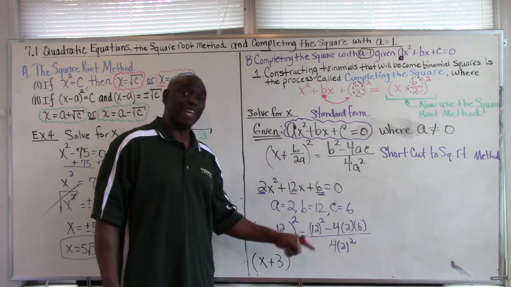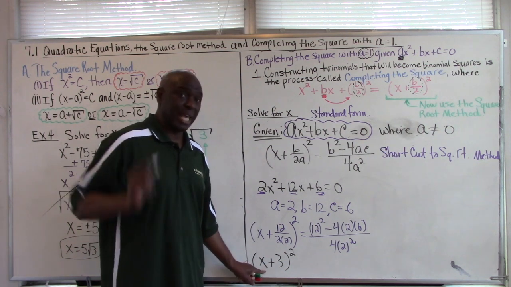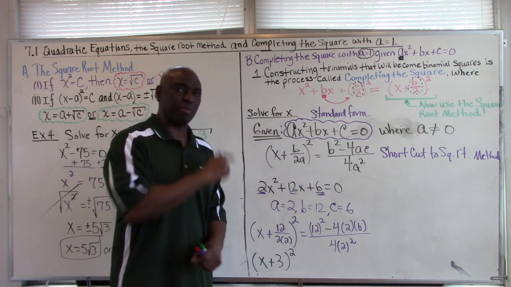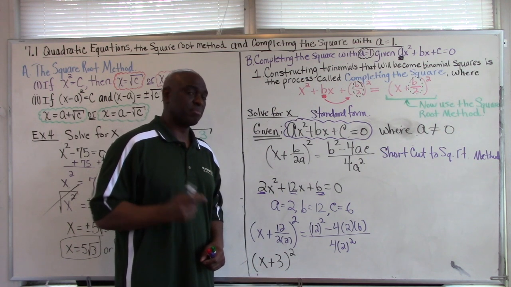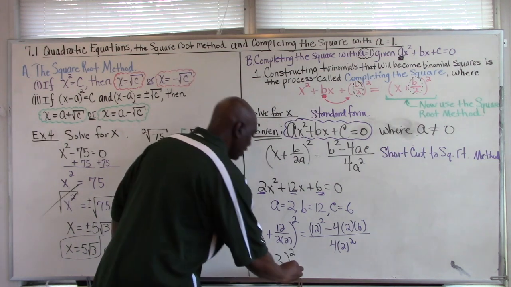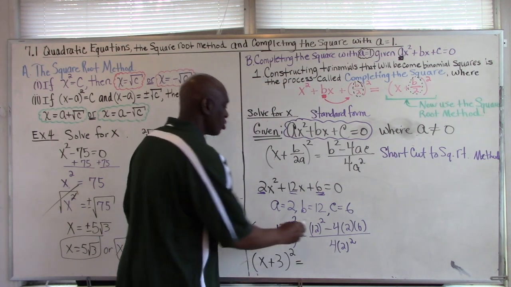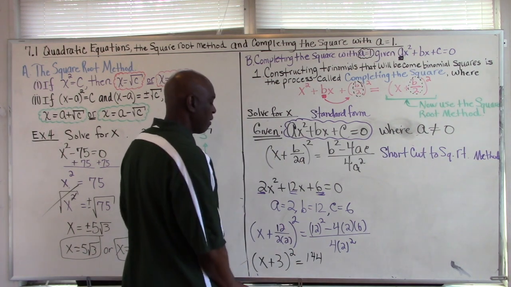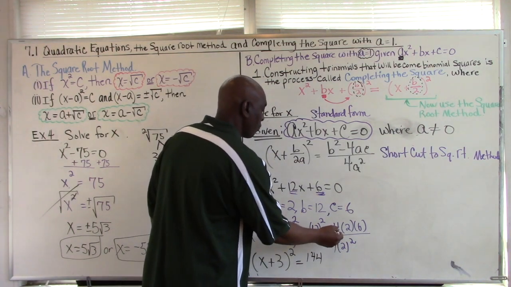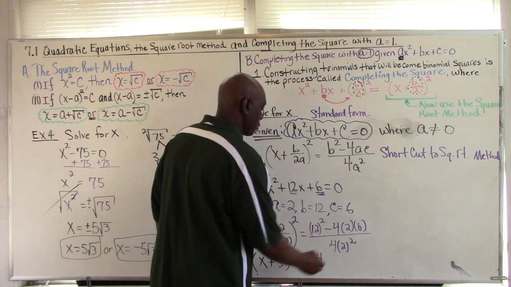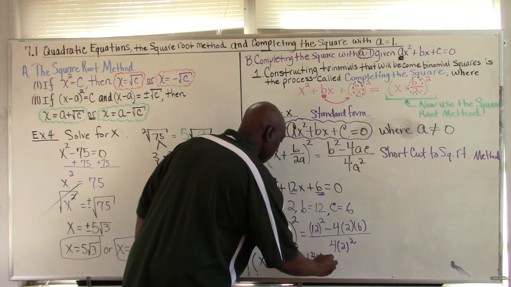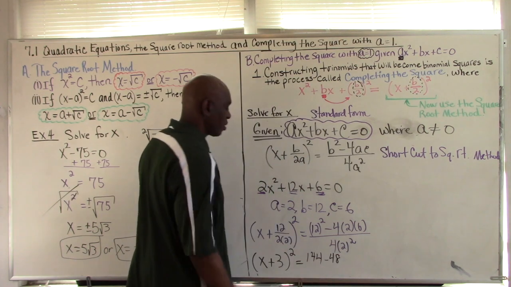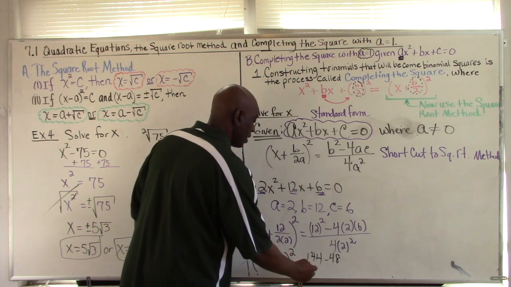If you go back and look at this example, you're going to see x plus 3 quantity squared. Equals 12 squared is 144. And then we have 4 times 2 times 6. That's going to be minus 48.